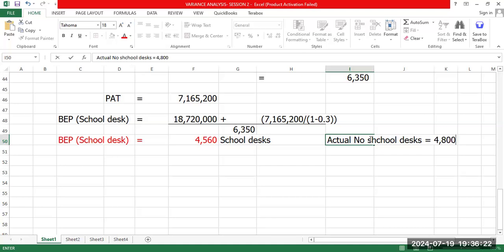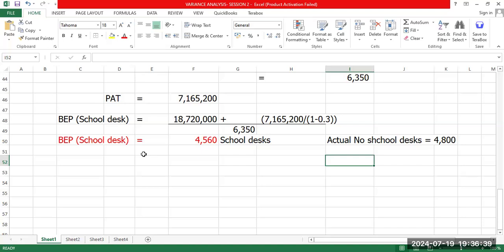4,800. You compare, because we know that at break-even point, it's a point where you have actually recovered the initial investment, the money you invested in.